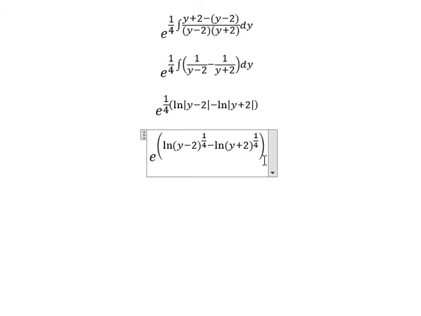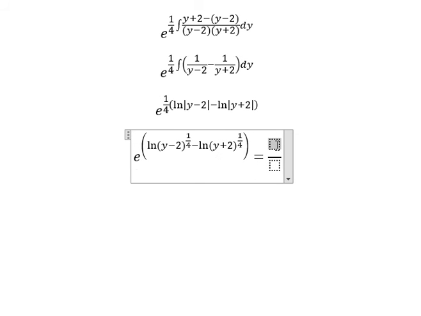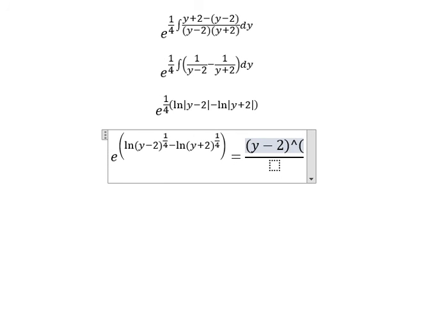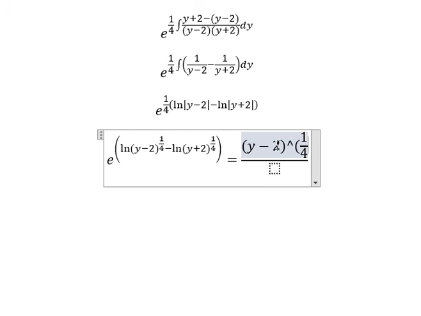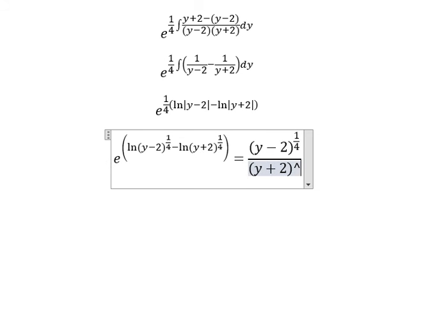Now, for this one, e to the power of ln of y minus 2 to the power of 1 over 4, we can put like this. Because this is negative, it will go to the denominator. So you have y plus 2 to the power of 1 over 4.